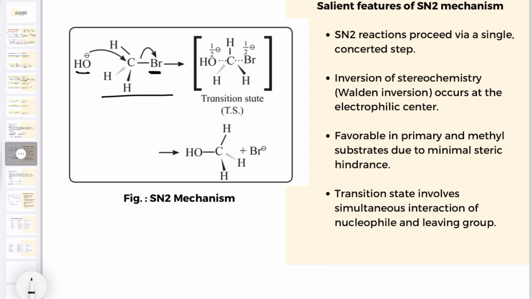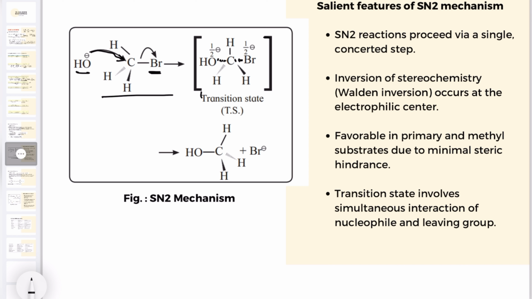So for pushing out this Br, OH should always attack from the back side of the bromine atom. Then a transition state is formed, in which partial formation of the OH bond and partial breaking of the Br bond takes place, and these three hydrogens remain as they are. The transition state is always shown in square brackets.